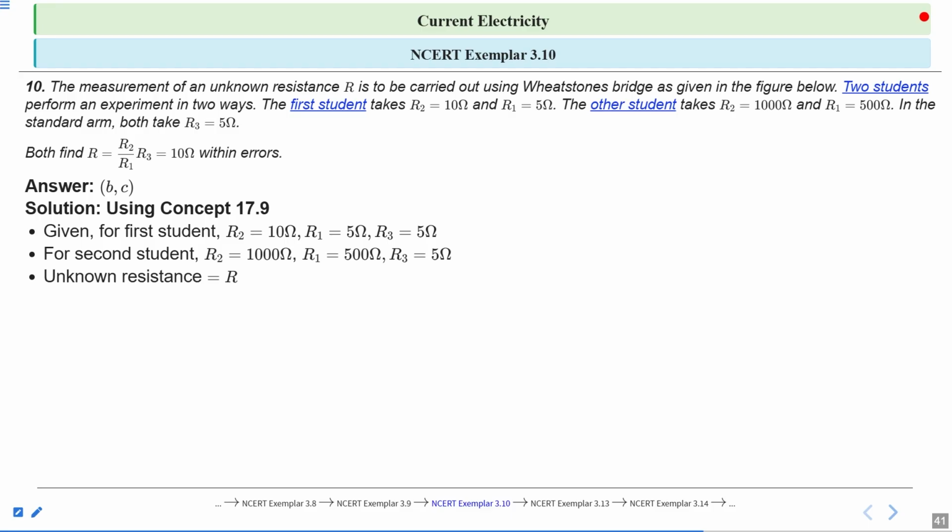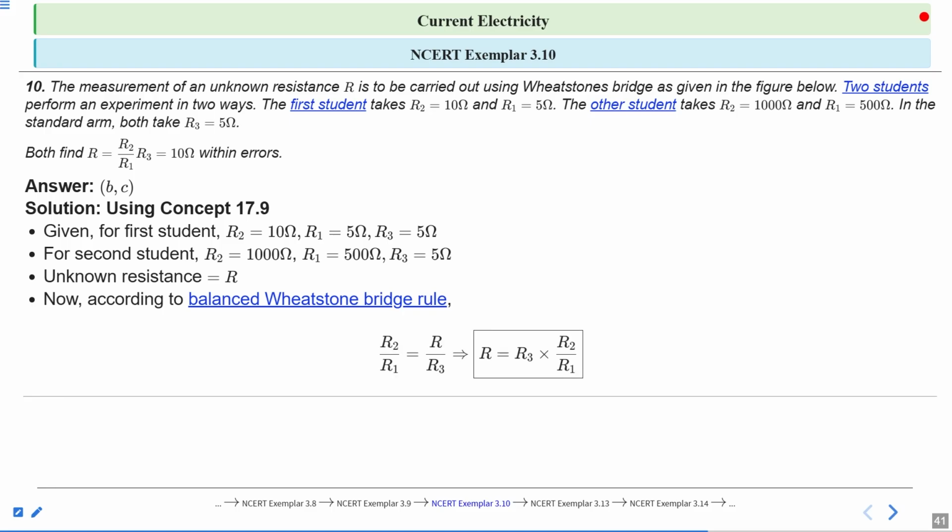Unknown resistance is R, which both students have to calculate. So now, according to the balanced Wheatstone bridge rule, R2 upon R1 equal to R upon R3, which gives R equal to R3 into R2 by R1, which is also given in the question. So this came from the balanced Wheatstone bridge rule, that is R2 upon R1 equal to R upon R3.